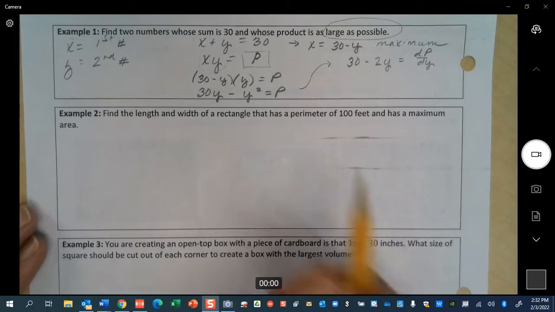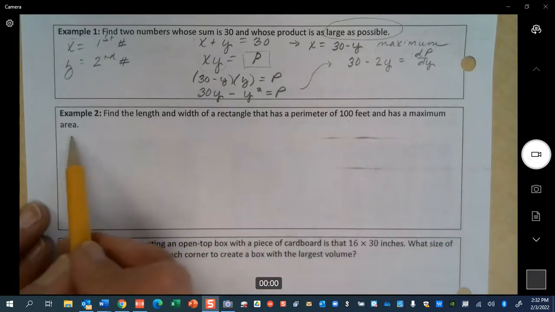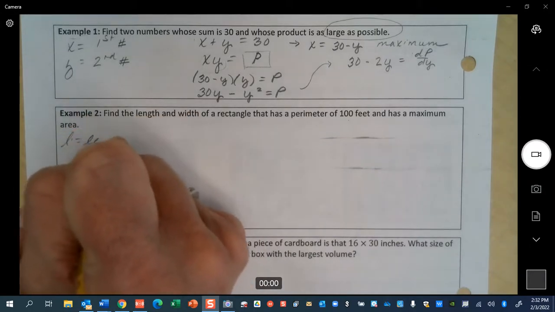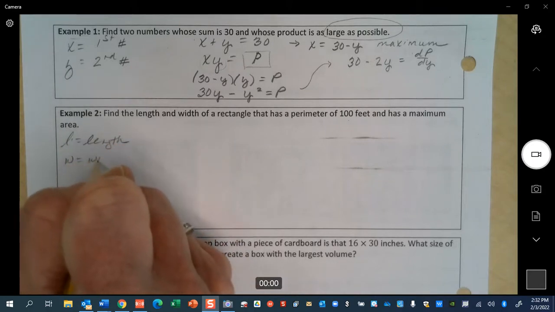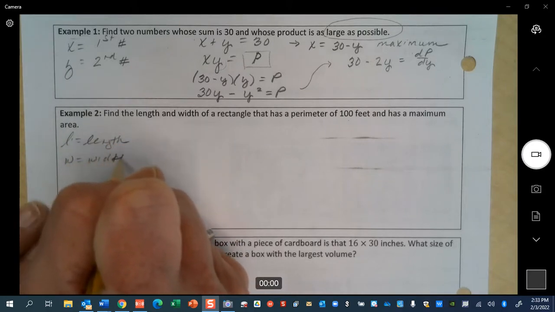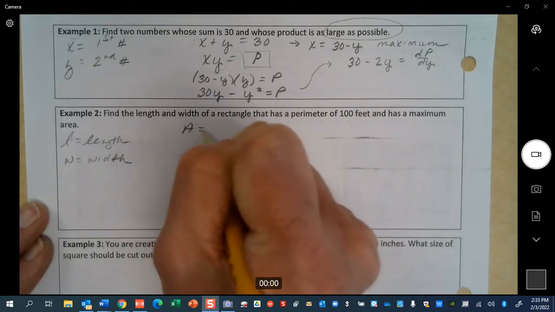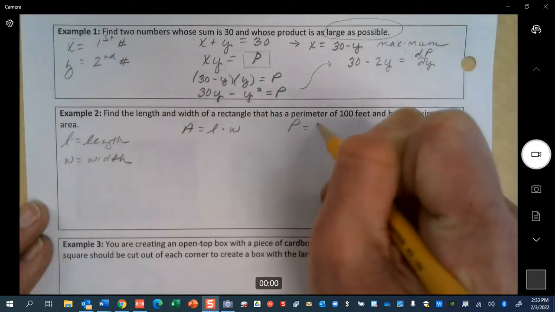Let's take a look at example 2. Find the length and width of a rectangle that has a perimeter of 100 feet and the maximum area. So if my length and my width, the formula for my area, the formula for my perimeter.